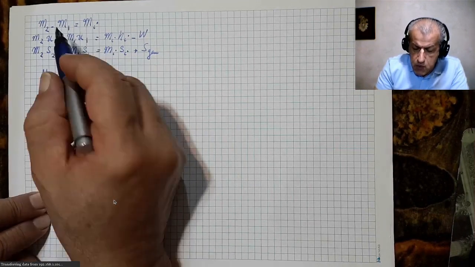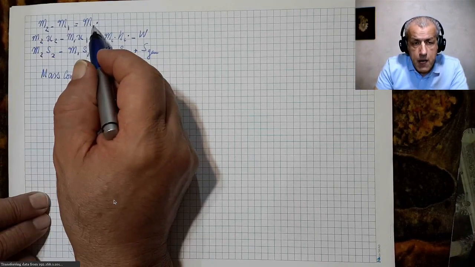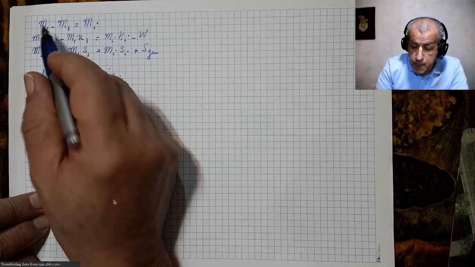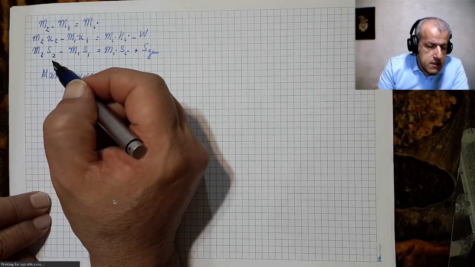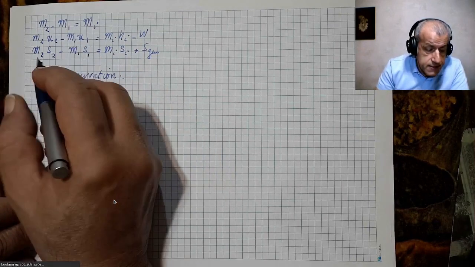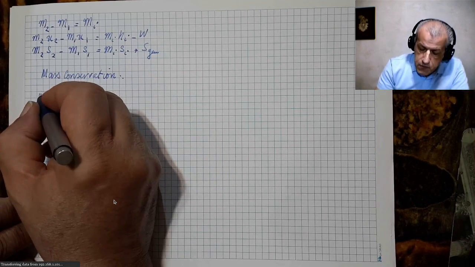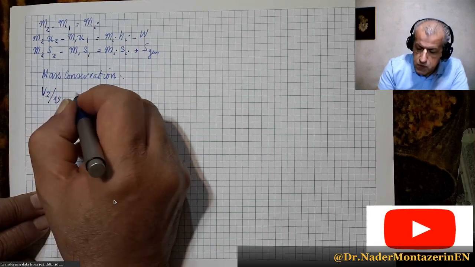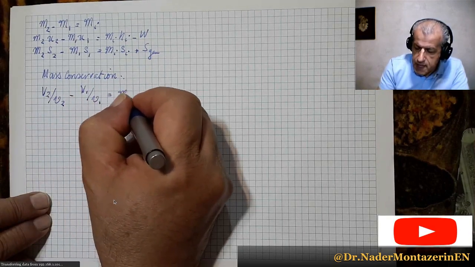What we know in this equation is m1. We don't know m2 or mi. If we know one, we would learn the other. And m2 is something that we said we don't know for the final condition. It's always good practice to remember that we could write the mass conservation equation as V2 over v2 minus V1 over v1, and that equals mi.